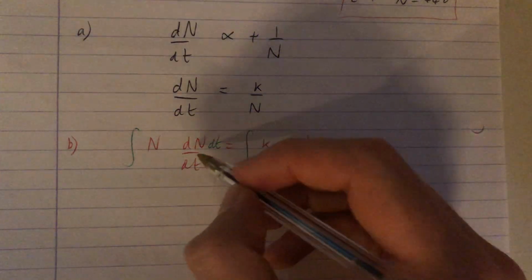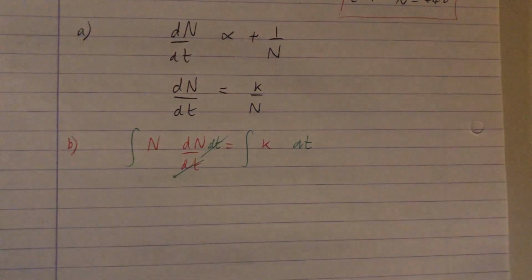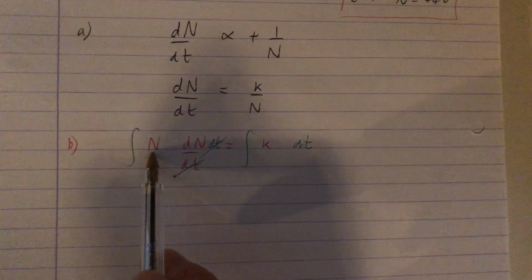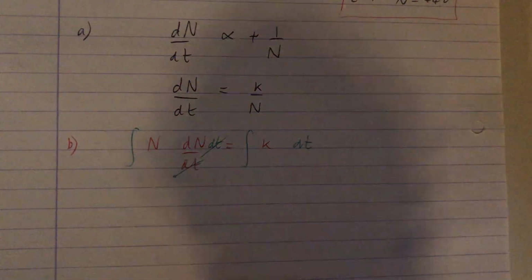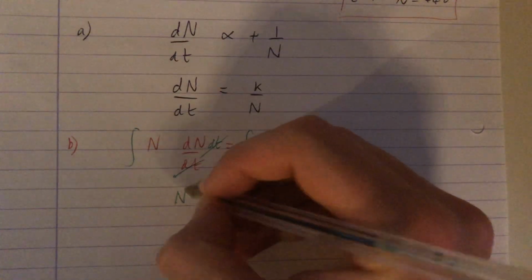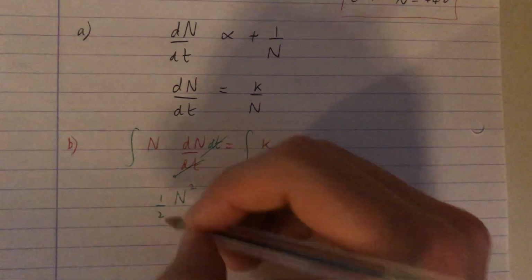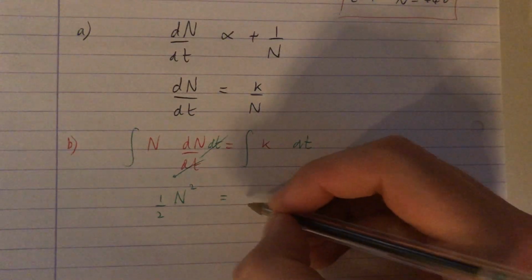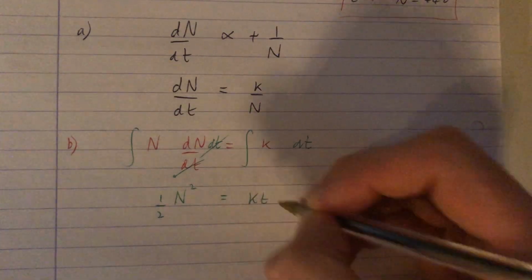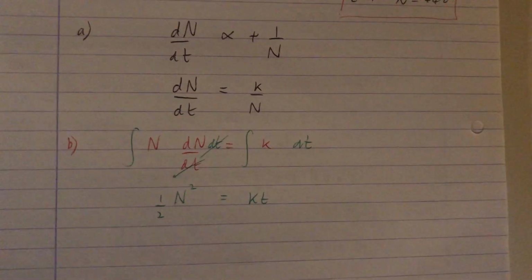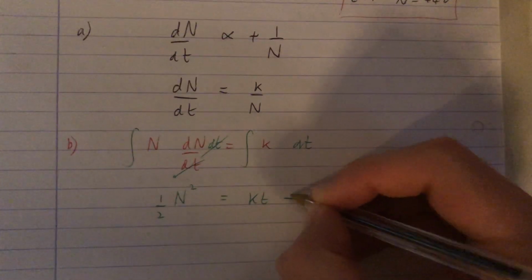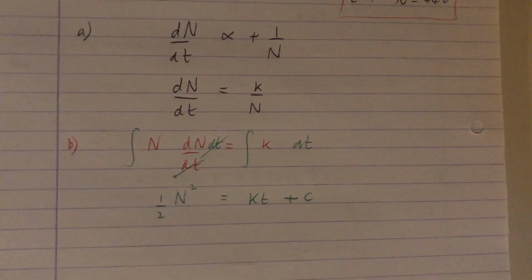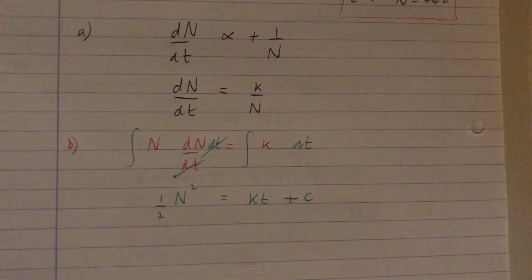The reason you do that is because they cancel, and integrating n with respect to n would go to n squared over 2. Integrating k with respect to t goes to kt, and we have, don't forget about it, the plus c, which needs to go on one of the sides.